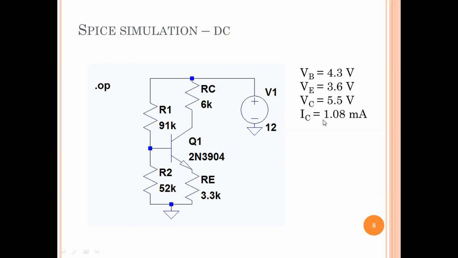Close enough. Actually, the beauty of this circuit, I should mention, is that once you design this, you can put practically any transistor here and the circuit would work. And it will bias itself properly because of that self-bias principle.